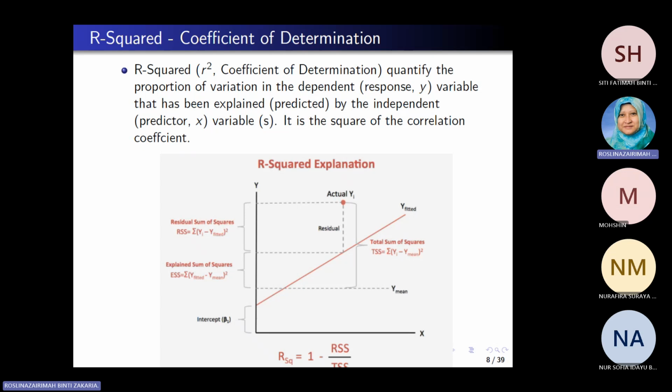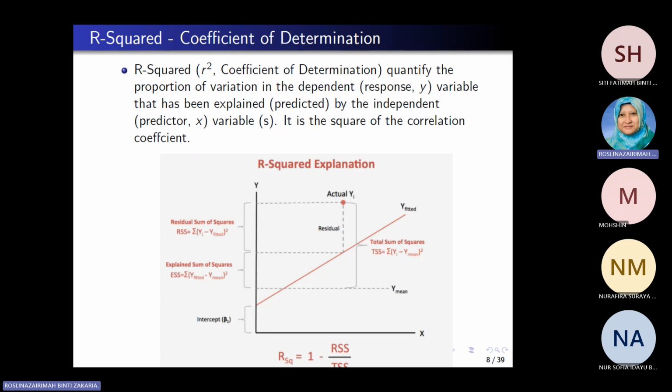Okay, this is actually for R squared. Whenever we square the correlation coefficient, it becomes the coefficient of determination. So this has another meaning. The coefficient of determination quantifies the proportion of variation in the dependent variable that has been explained or predicted by the independent variable. So it is actually the square of the correlation coefficient.